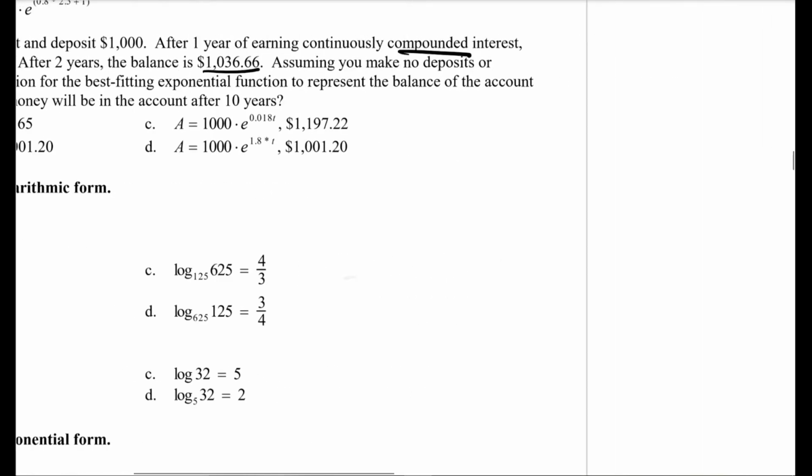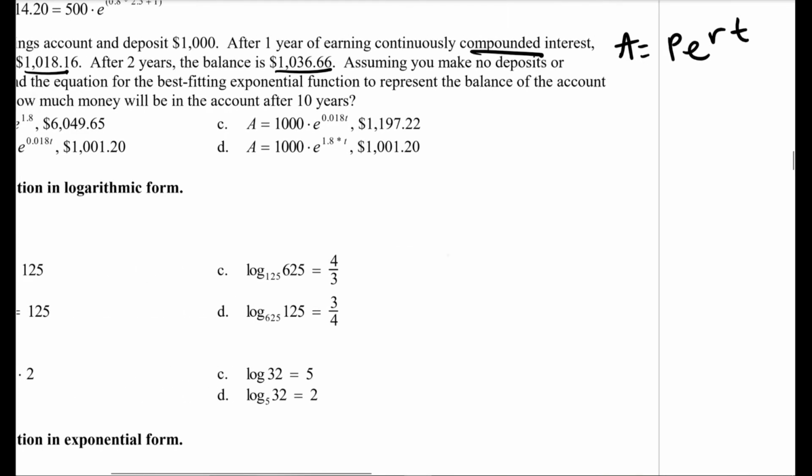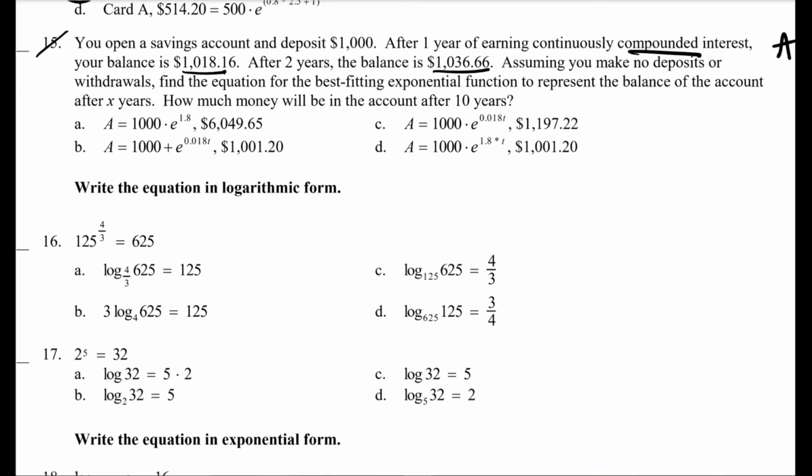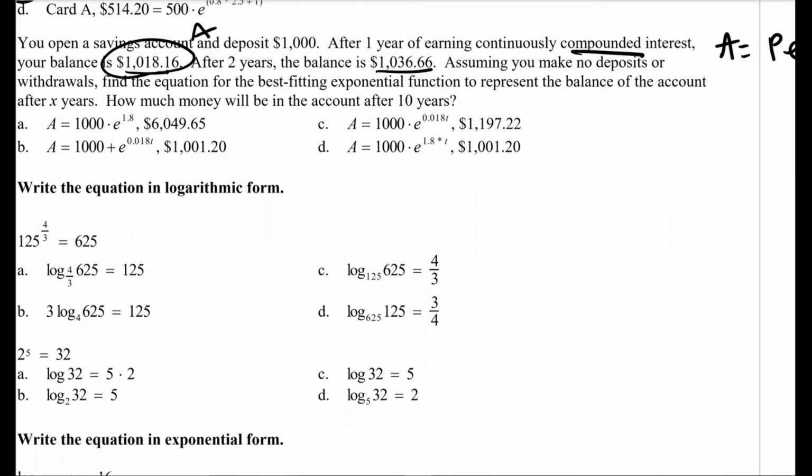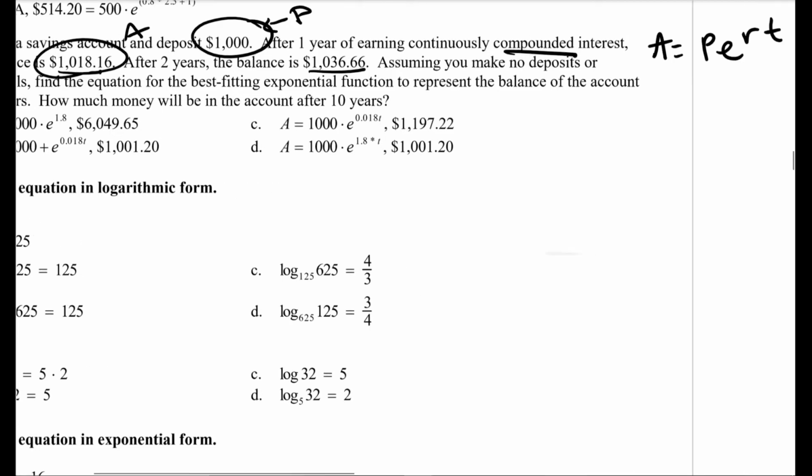So basically, we are going to use A equals PERT, right, because it's continuously compounded interest. Now, this time they tell us two amounts, right? So after 1 year, the balance is that. So let's write that in for A, and this is my principal, P. This is how much I invested or deposited.